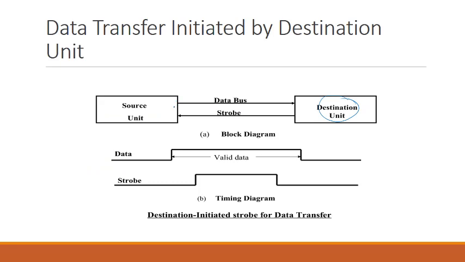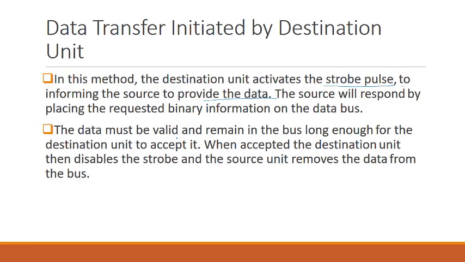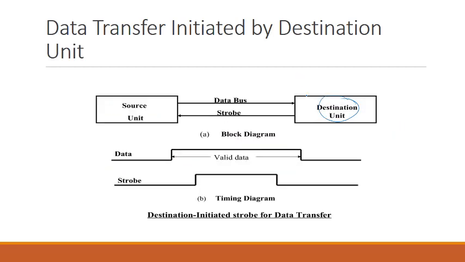Then the source unit sends the data through the data bus. The data must be valid and remain on the bus long enough for the destination unit to accept it. That means how much time the data will be sent, until the strobe signal is decreased.